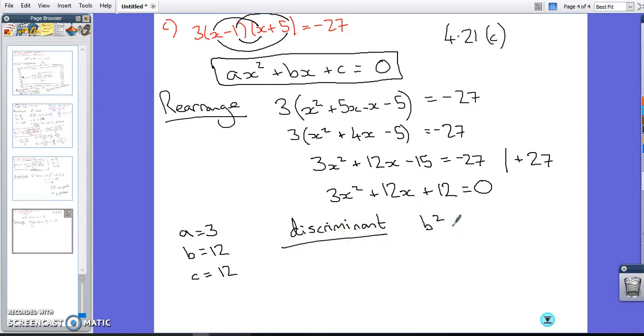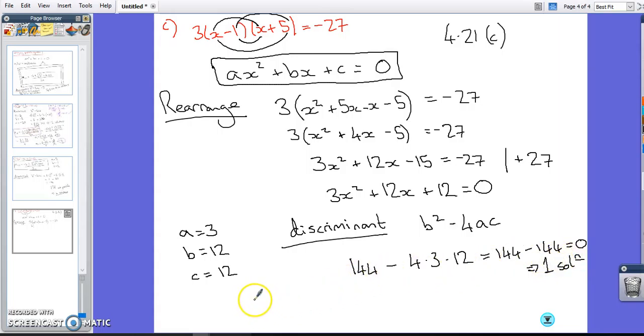B squared minus 4AC. So B squared, 12 squared is 144, minus 4 times A, which is 3, times C, which is 12. So actually, we get 144 minus 12 times 12, which is 144. So our discriminant is 0, so we're going to just expect the one solution. And this here is shorthand for solution.